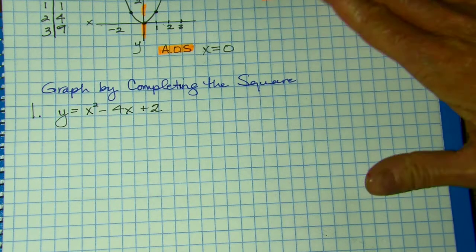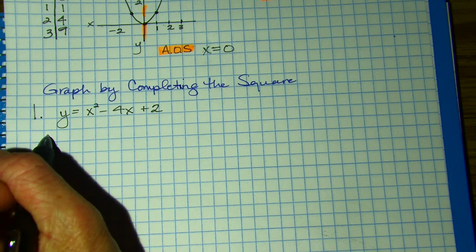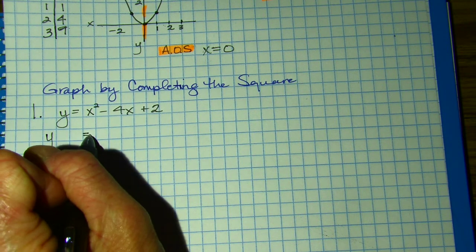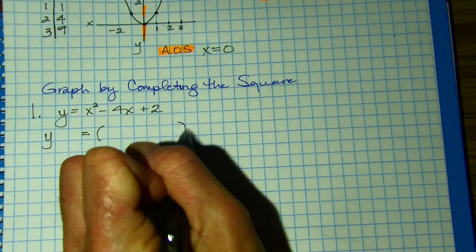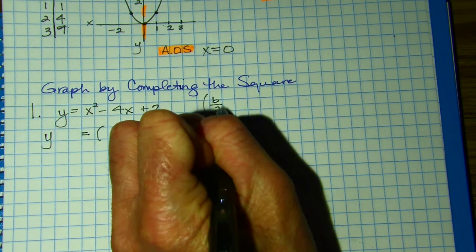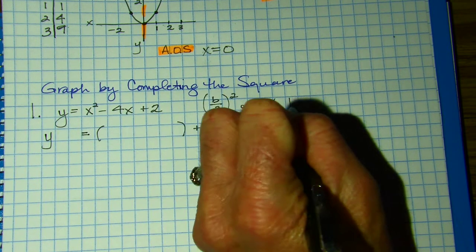So to complete this square, I'm going to do a couple things. I'm going to leave a space on the left and the right, but I am going to find, you take the middle term, you divide it by 2, and you square it, and you add to both sides.